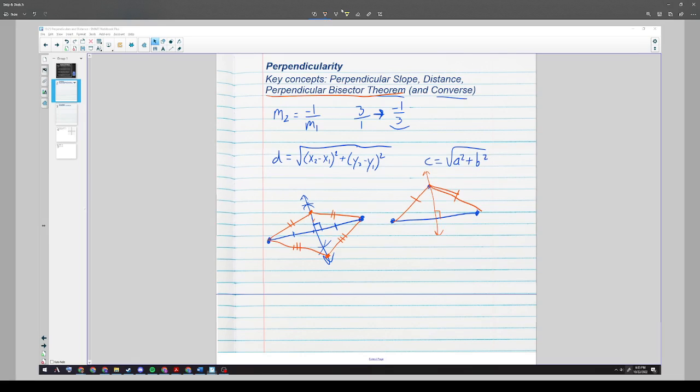So that's the converse part, is saying that if I know the point has that equidistant relationship, then it is on the bisector. So over here is the converse, and this is the main theorem, which tells us every point on the bisector is equidistant from the endpoints.